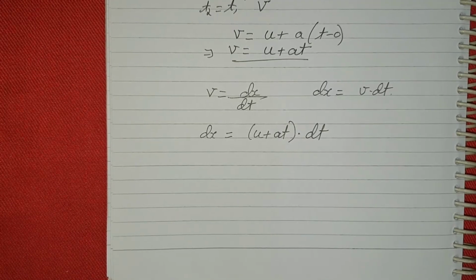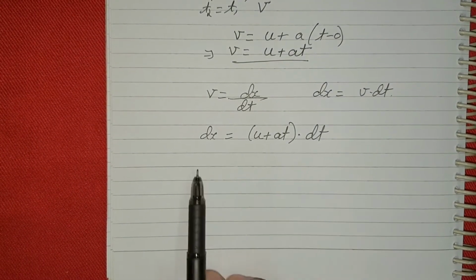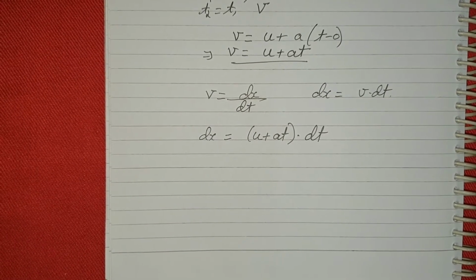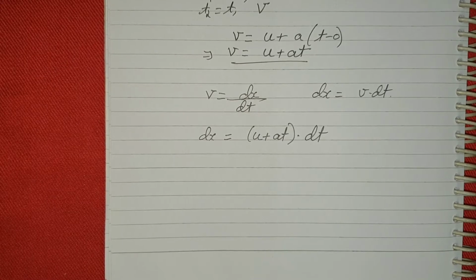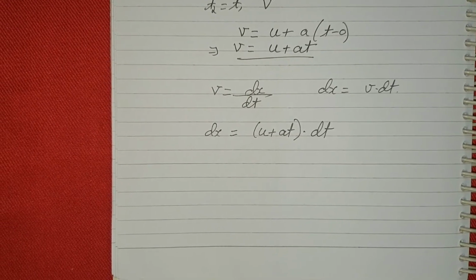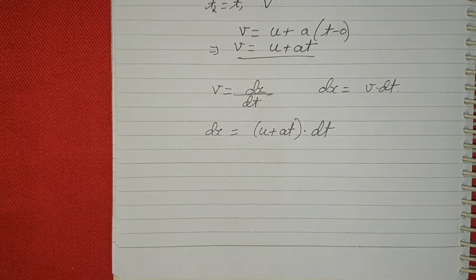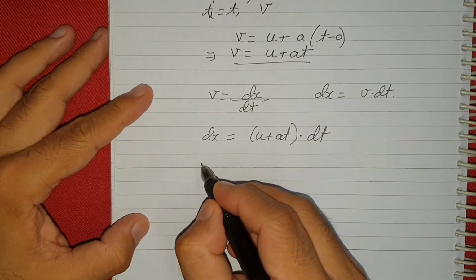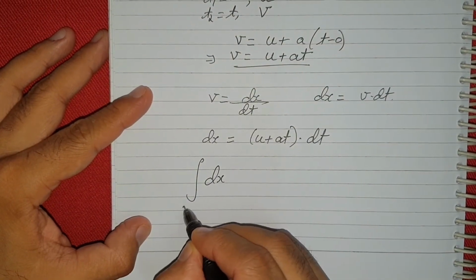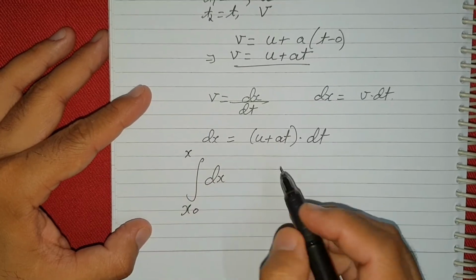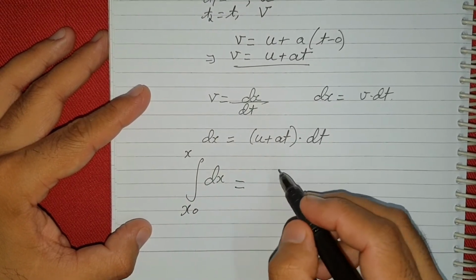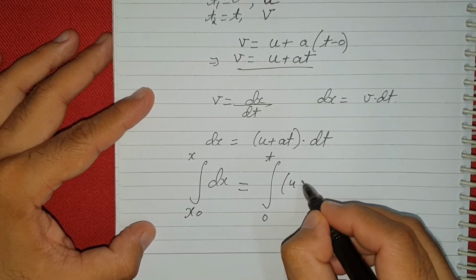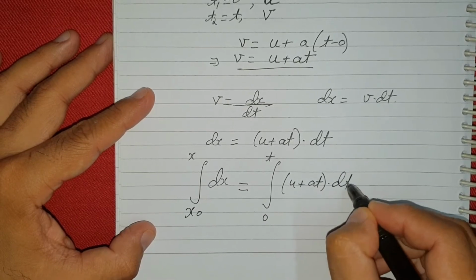Now integrating this relation within the condition of motion, that is when time changes from 0 to t, the displacement changes from x0, where we take the initial position as x0, to x. So integrating dx from x0 to x equals the integral from 0 to t of u plus at dt.